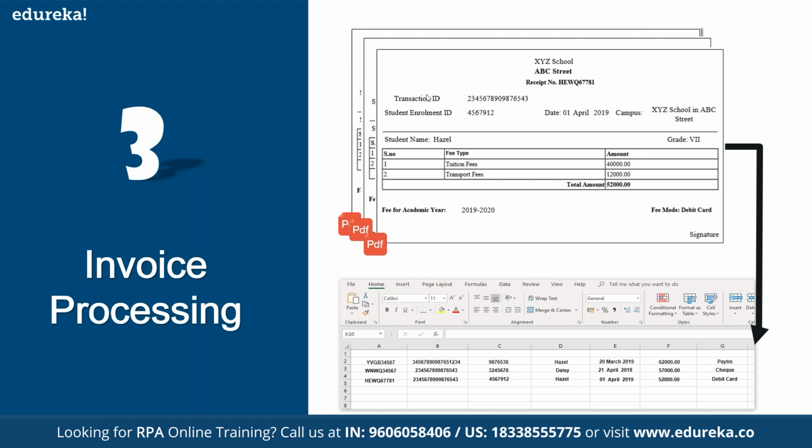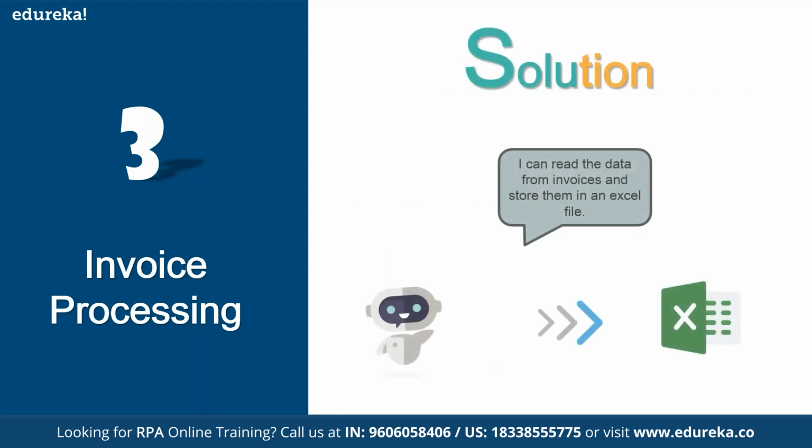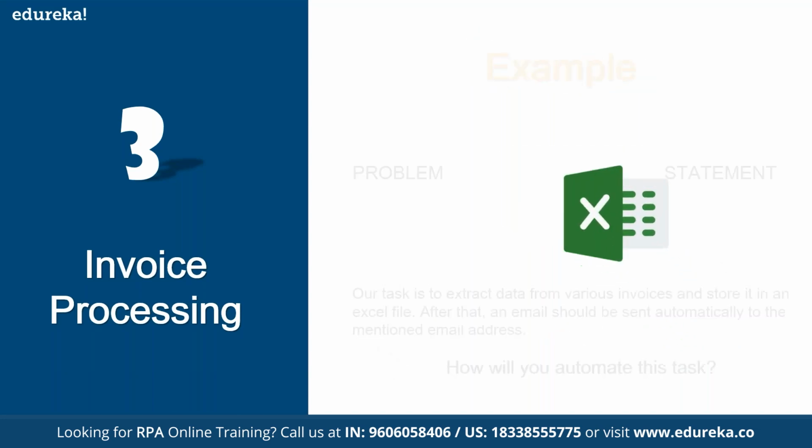That extraction can be done using RPA, right? And this is a widely used project. Companies will have multiple PDFs and you have to extract that data and store it in an Excel.